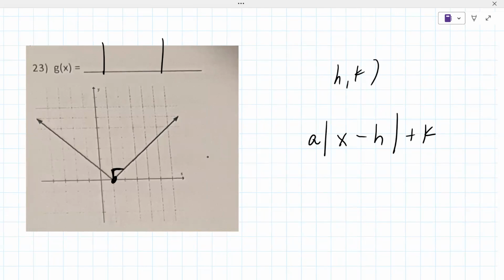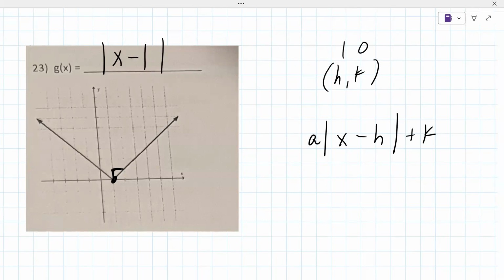So in this problem, at least, the A is 1. But could you identify H and K for us, please? H is 1 and K is 0. Yeah. So we got 1, 0. So it becomes absolute value X minus 1. Nothing else to do there.